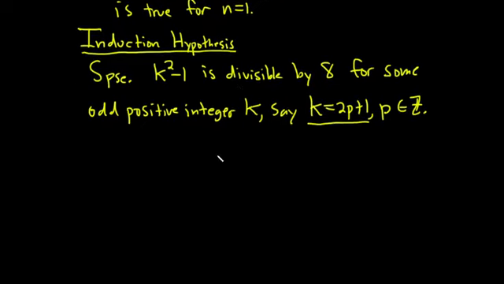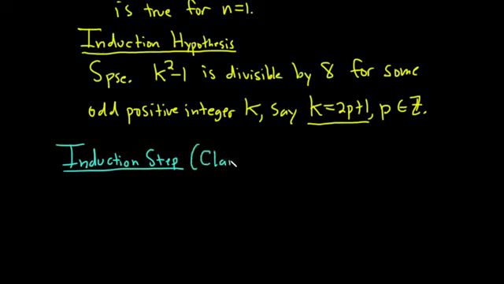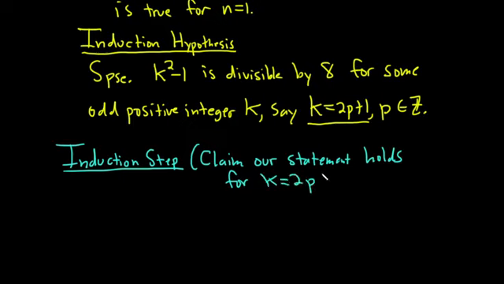In the induction step, we have to show that our statement is true for the next odd integer. So the next odd integer is going to be the following. So claim: our statement holds for 2p plus 3.